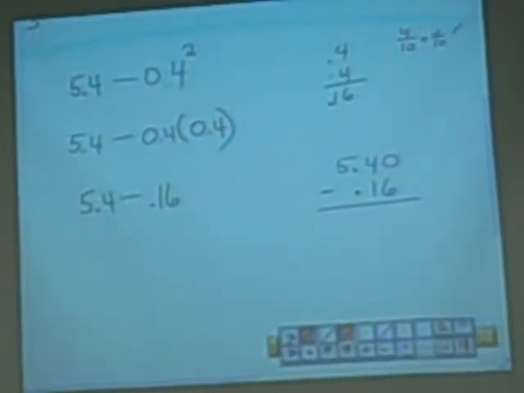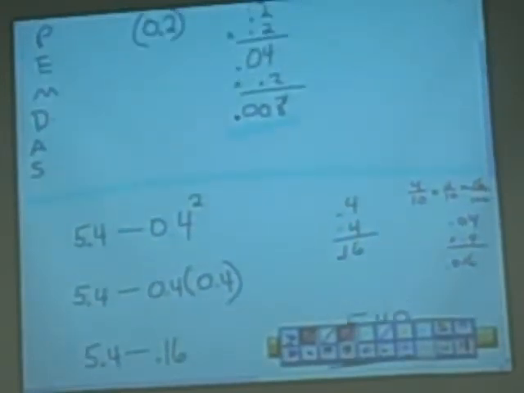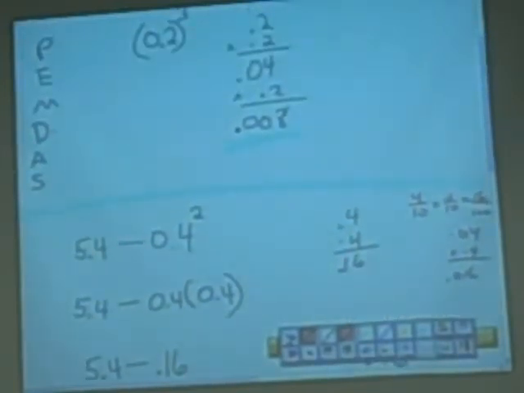And so that would be 4 times 4 is 16 over 100, right? Not 1,000. Now, if you were multiplying 0.04 times 0.4, now you're going to move that over 3 places, like what we did here. That may be what you're thinking of.